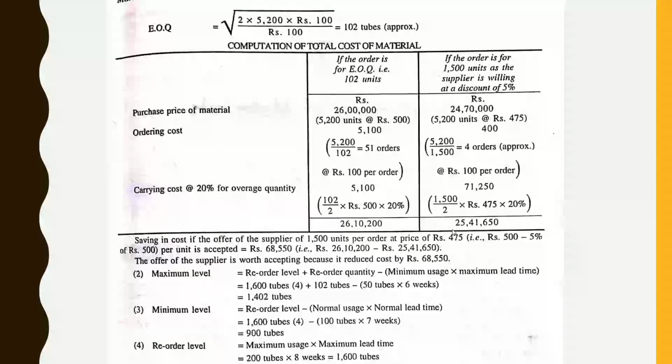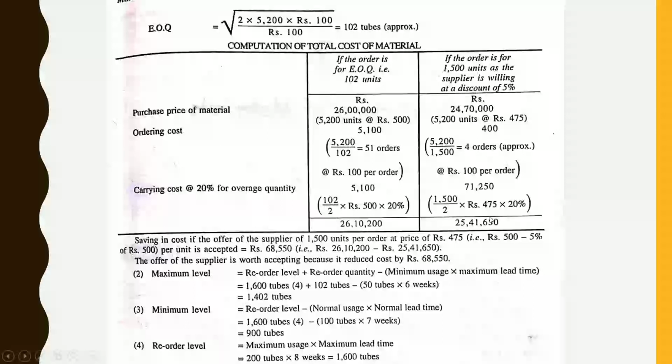So it will cost how much? So an annual saving. So annual saving is, so minus of this 68,550. That means if we are ordering at 1,500, that means we save 68,550.